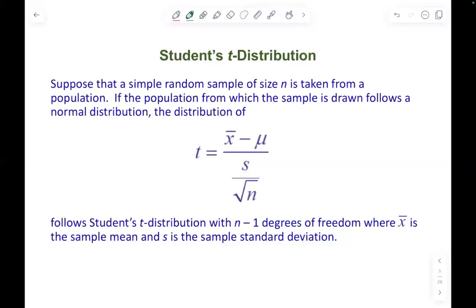We're going to calculate this exactly how we calculate a z-score. So you're going to take your sample mean, subtract the population mean, then divide by this new standard deviation. This is going to give us our t-value. It's going to be called a test statistic later on, but this is how we're going to get our t-value.